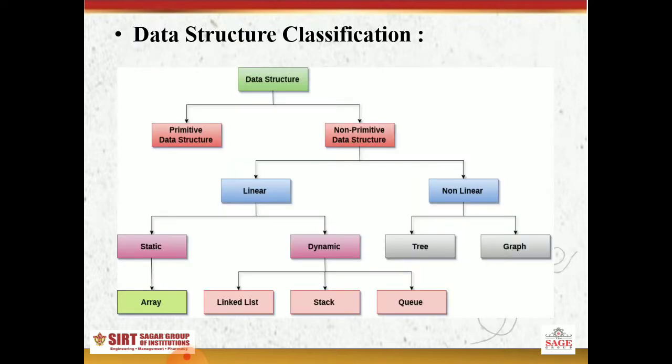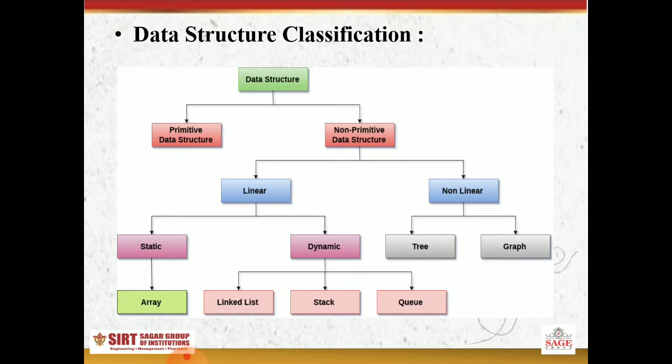Okay. Now, data structure classification. This is the most important diagram. Always remember this diagram in the future. In that, data structure is of two types: primitive data structure and non-primitive data structure. Here we just talk about the non-primitive data structure.